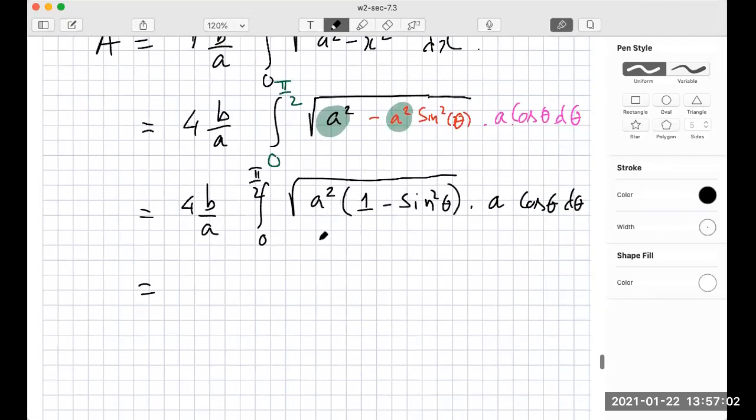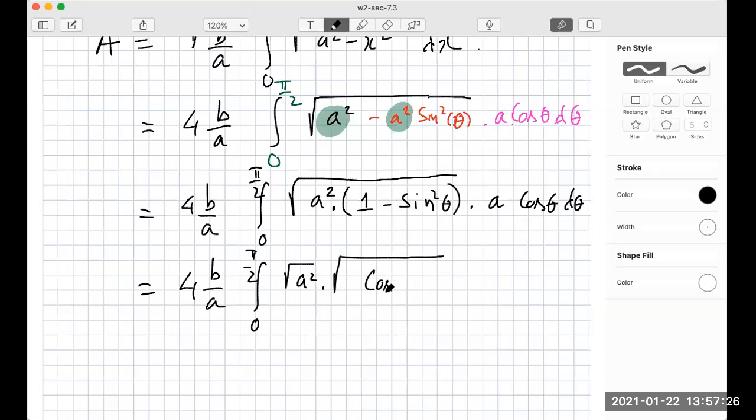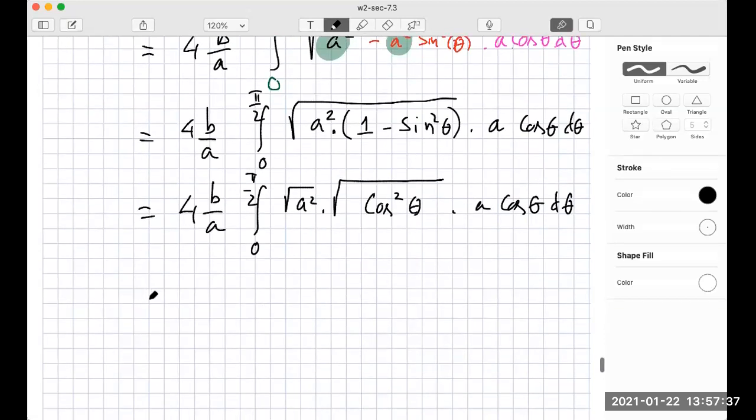So square root of a product, what do we have here? It will be the same as square root of a squared times square root of this guy will be, yes, very good. This guy, we just rewrite it. So a is a positive number, right?